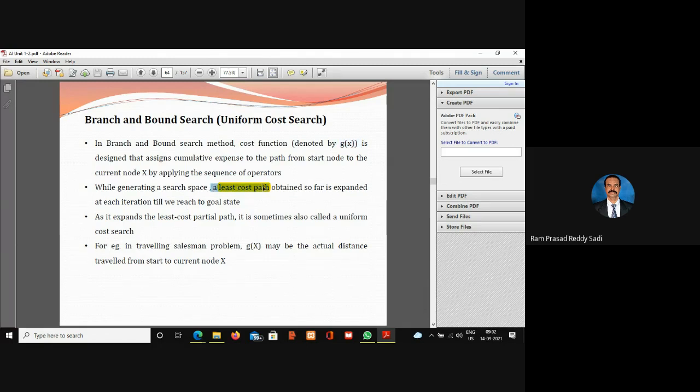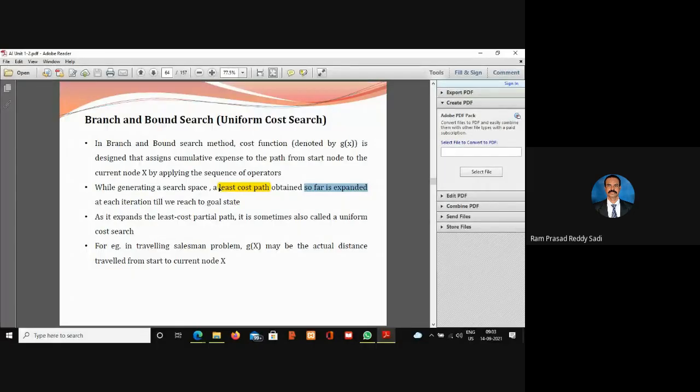When you start moving from the start state towards the goal state, you consider the path length from the start state to the current state. Whatever nodes are expanded so far, we consider the least path among all available paths.